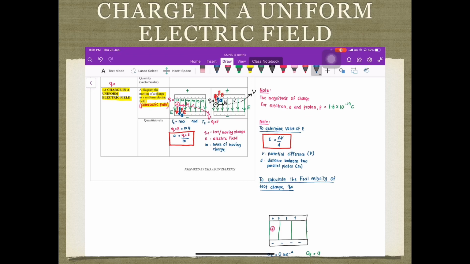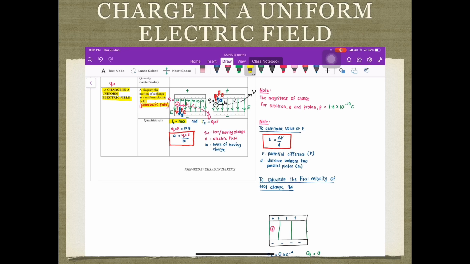Next, if we want to calculate this acceleration a, now by using this concept, force equals ma, related to Newton's second law.